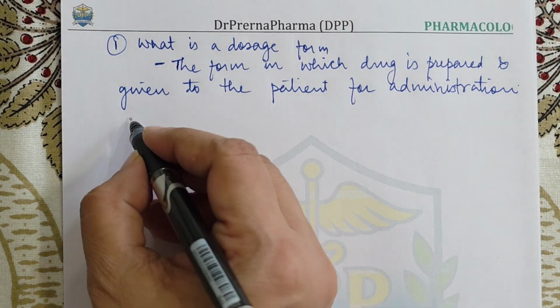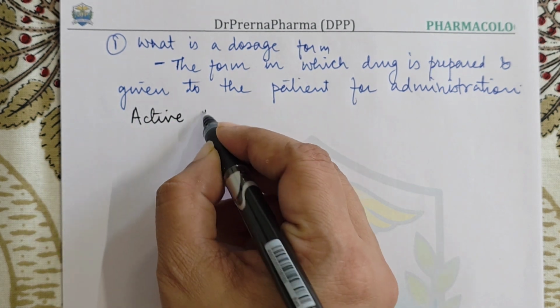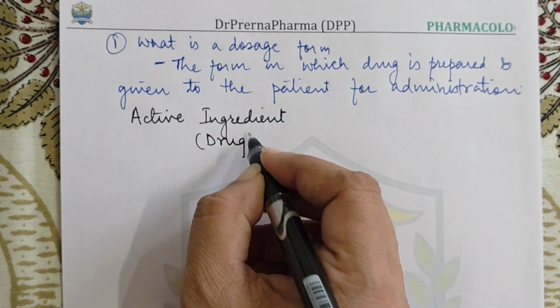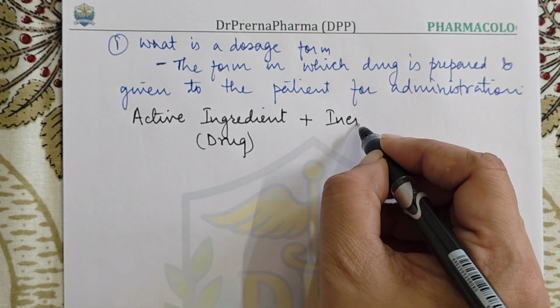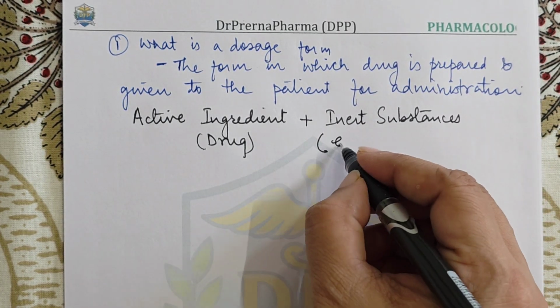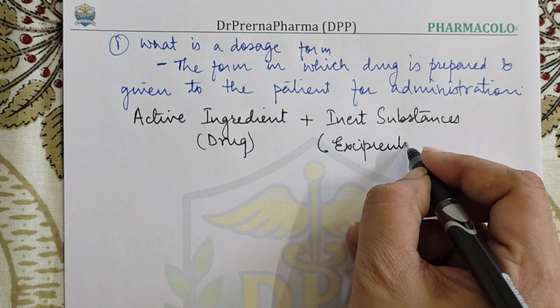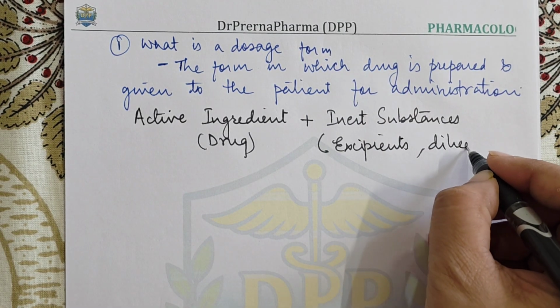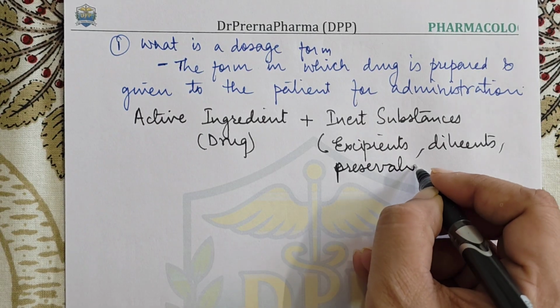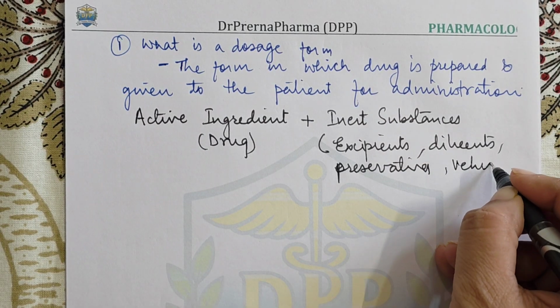Now a dosage form will consist of the active ingredient, that is the drug, right? And it will also consist of some inert substances. These inert substances can be excipients, can be diluents, can be preservatives, or can be just a vehicle, right?